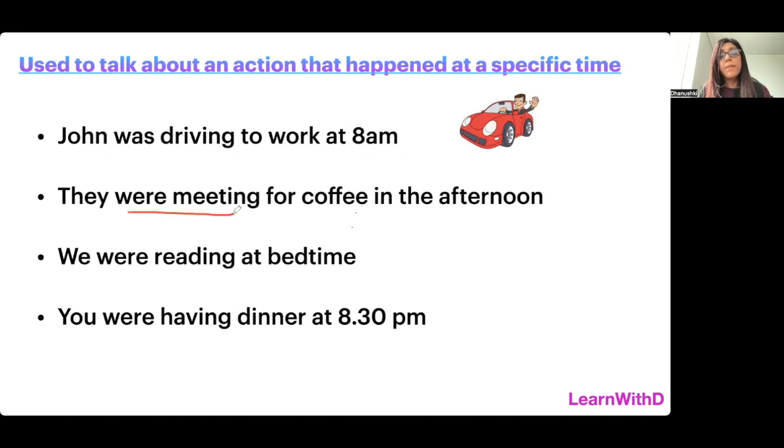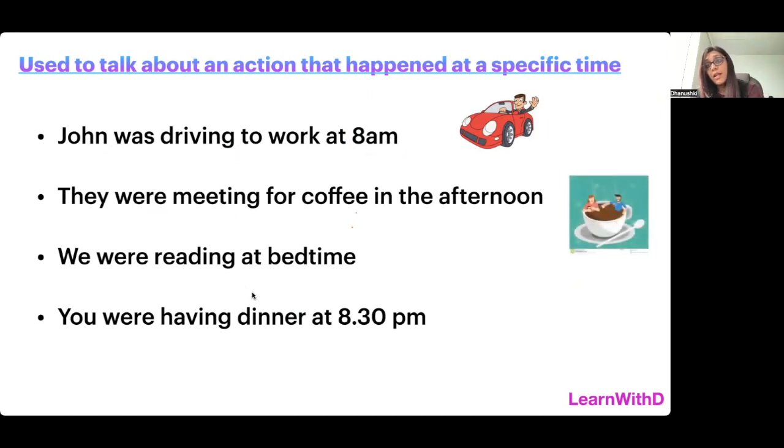They were meeting for coffee in the afternoon. Now, is there a specific time given here? Well, we don't see a number, right? However, it says afternoon. Though there is no specific time with a number, we have the word afternoon, which suggests a time of day.